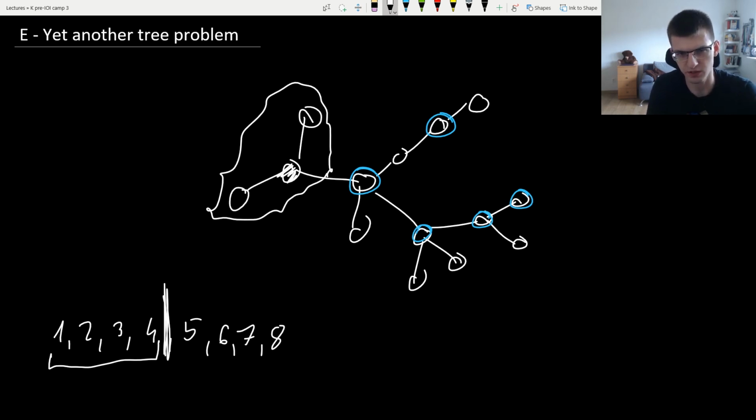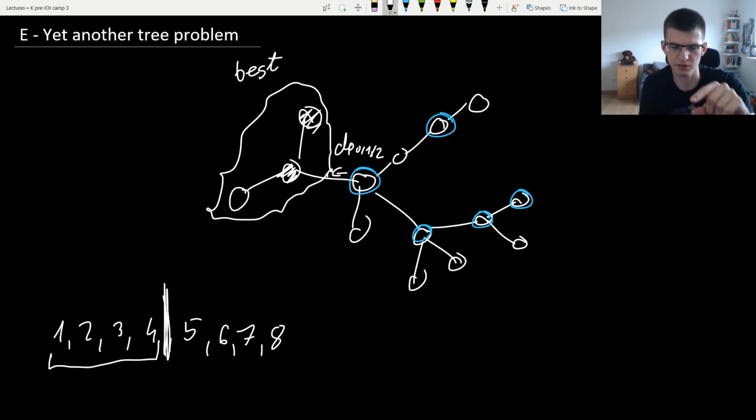Some vertices are marked here. So I want to know the values: just the best path that is there, and also in this direction, dp of 0, 1, and 2. The best path that grows from here, and it has 0 marked vertices, 1 marked vertex, or at least 2. And I know nothing here will change.